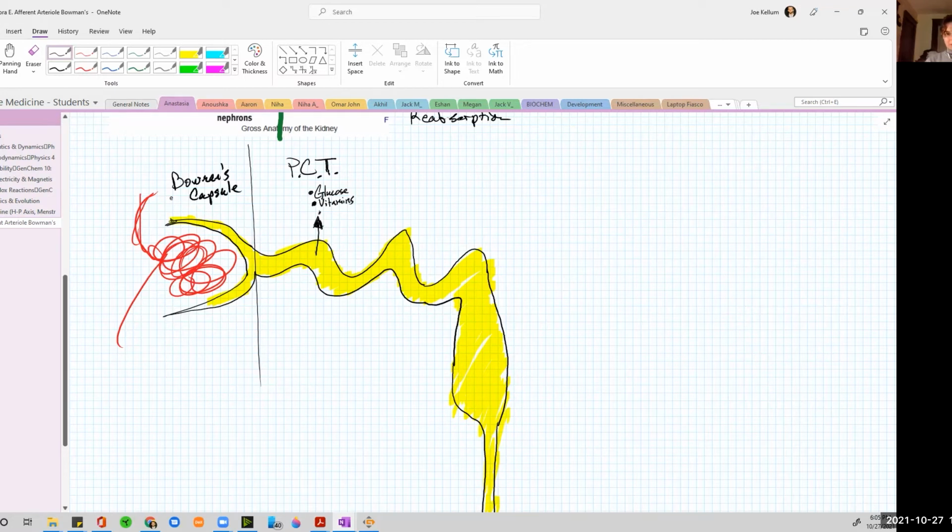Proteins. Protein is one. So what would be the glucose of the proteins? Glucose is like a monomer that makes up big carbohydrates. So what are those for proteins? Amino acids? Yeah. So amino acids get reabsorbed here too.